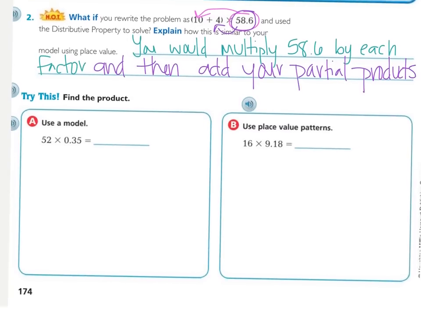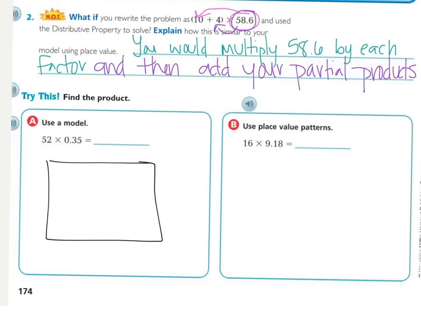So let's look at the try this for find the product. A, they want you to use a model, so you would need to draw your box. Both of your numbers have 2 digits, so you're going to have 2 on top and 2 going down. Expanded form on that.